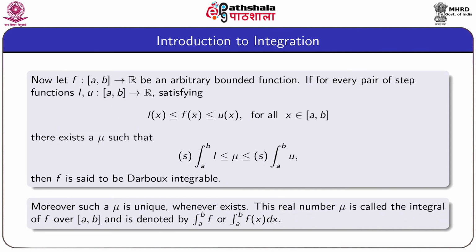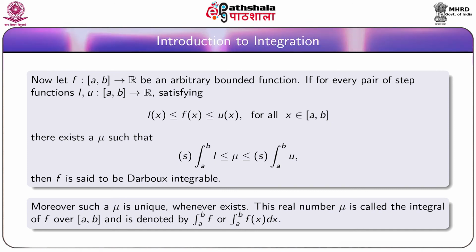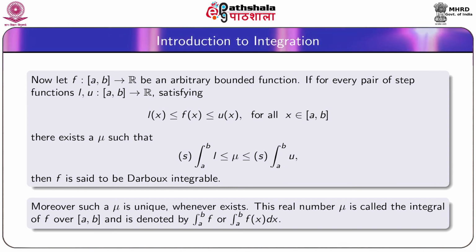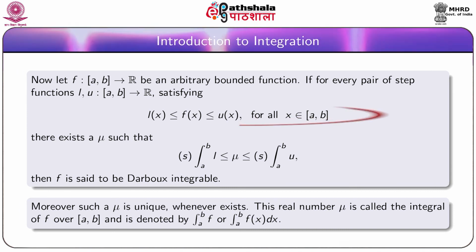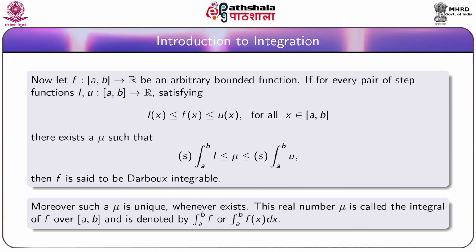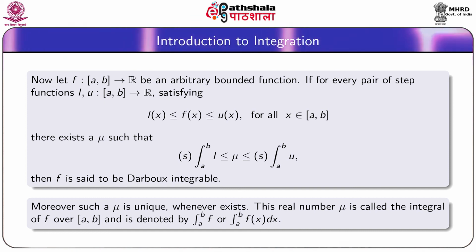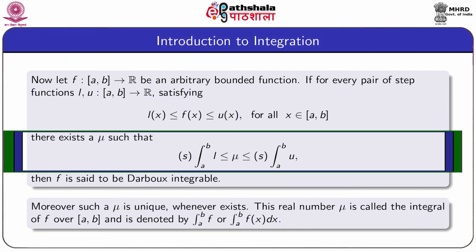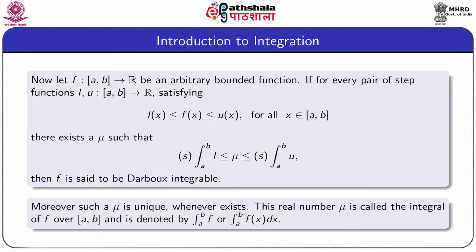Now let f from [a,b] to R be an arbitrary bounded function. If for every pair of step functions L and U from [a,b] to R satisfying, for every x in the bounded closed interval [a,b], L(x) ≤ f(x) ≤ U(x), there exists a mu such that S integral a to b L ≤ mu ≤ S integral a to b U, then f is said to be Darboux integrable.